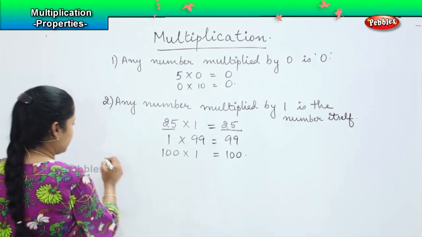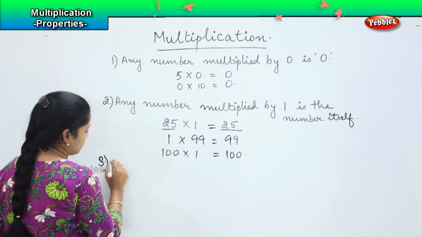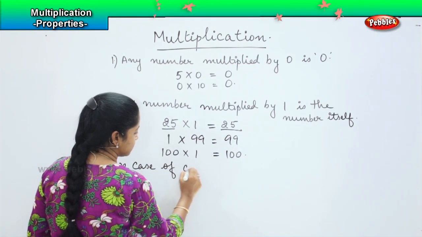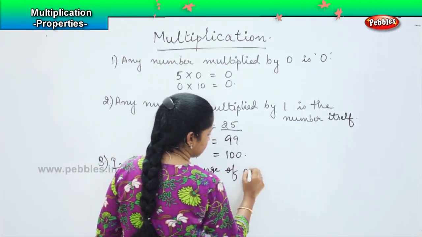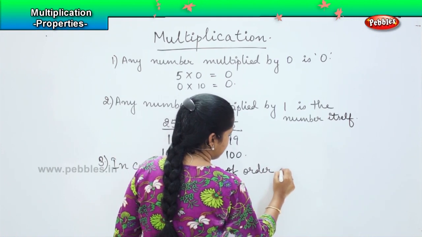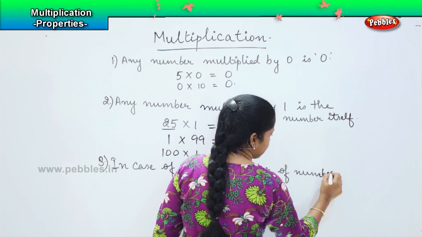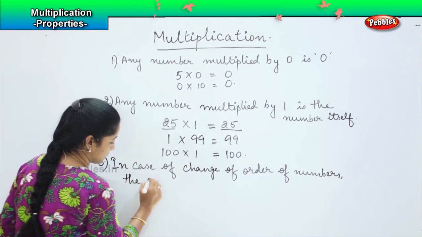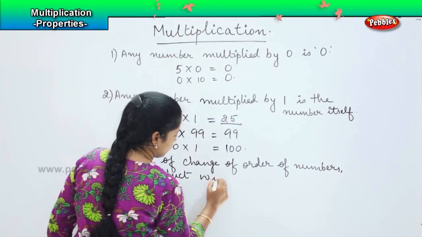Coming to the next property: in case of change of order of numbers, the product will remain the same.